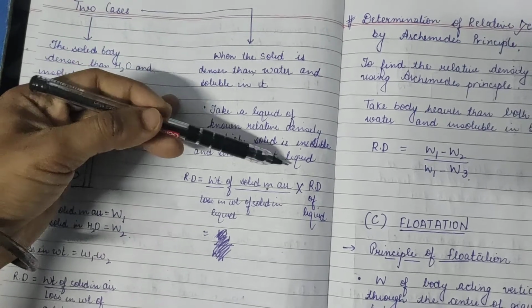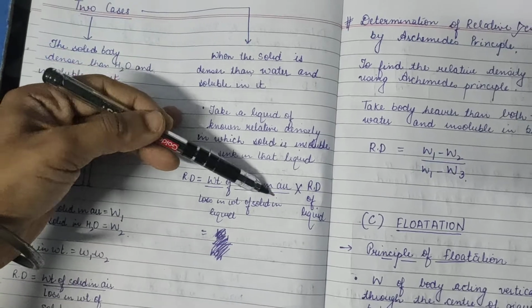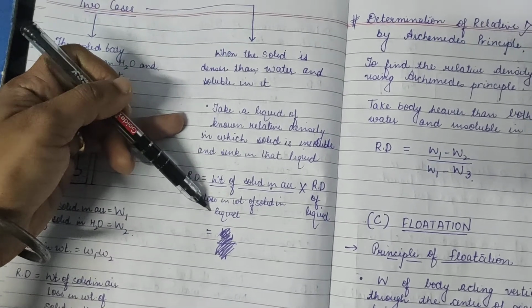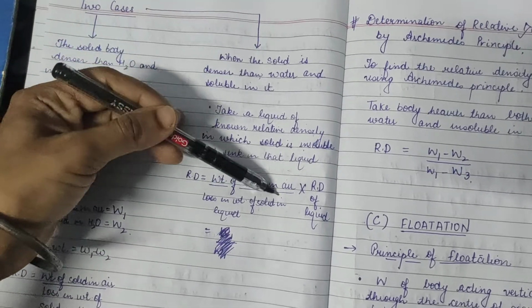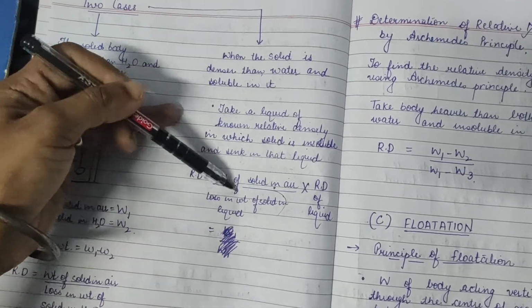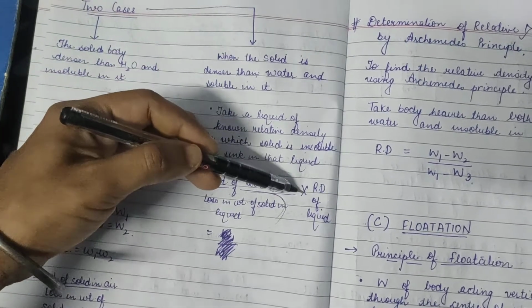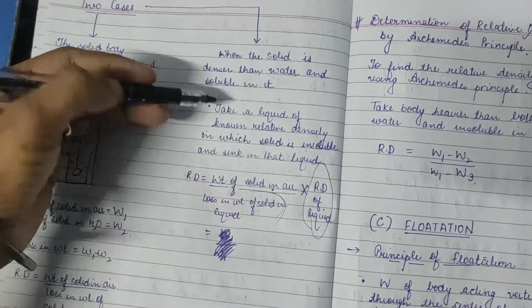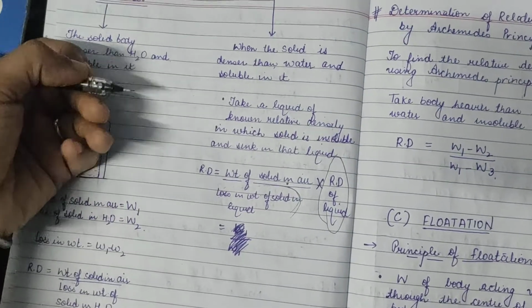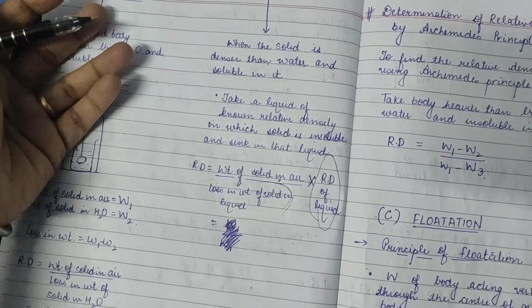Weight of solid in air, and loss in weight of solid in the liquid. Whatever liquid you are taking, we compare the weight with that liquid, the loss of weight in that liquid, and multiply with the relative density of the liquid. Why so? Because except water nobody has a density equal to 1 gram per centimeter cube.